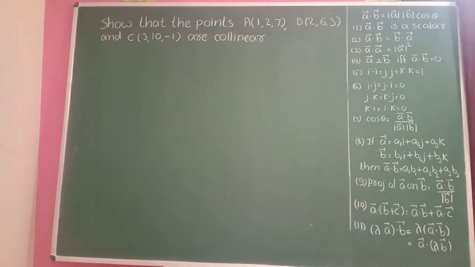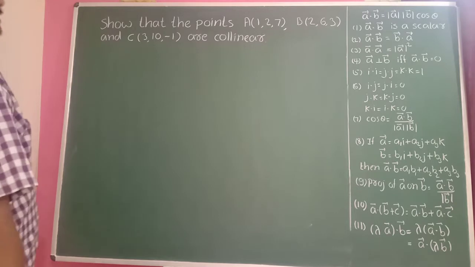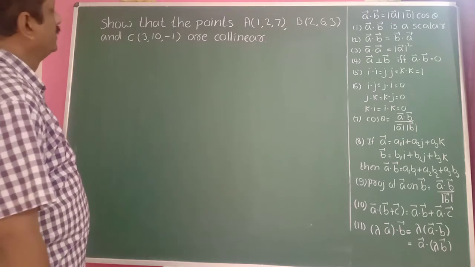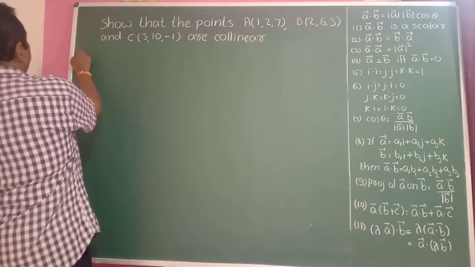Okay, here, show that the points A, B and C are collinear. So, take your solution.